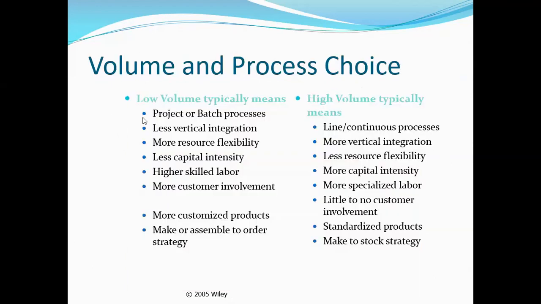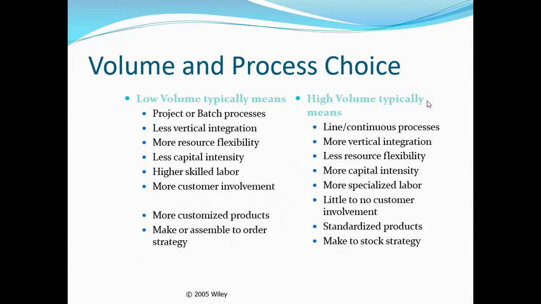And then the volume. Low volume usually means we try to use the project or batch processes, and we have less vertical integration, more resource flexibility because we want to customize, less capital intensity, and we want high skill labor. They will have more customer involvement, more customized product, and it's suited for make to order or assemble to order.